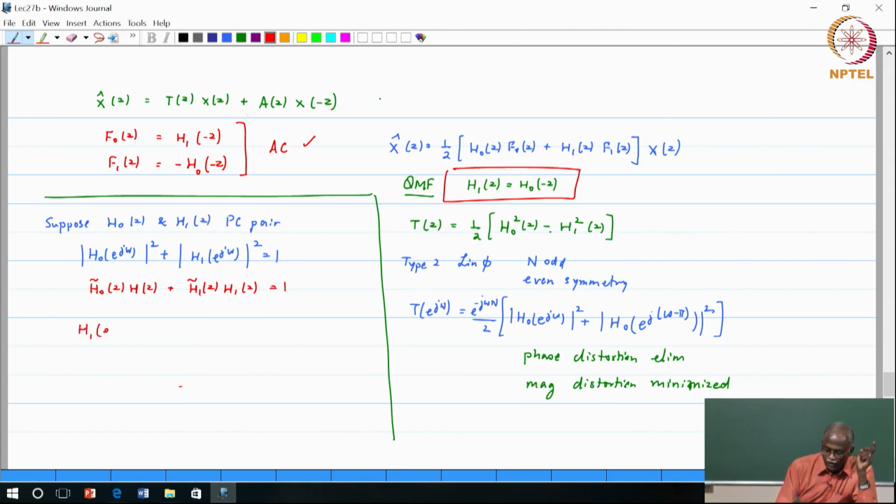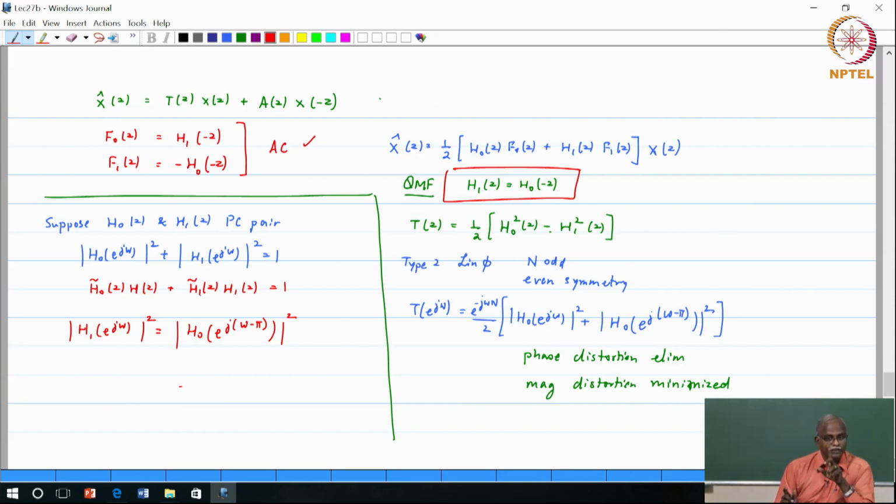The magnitude of H1 of e to the j omega squared must be equal to the magnitude of H naught of e to the j (omega minus pi) squared. That is also QMF. That is also what it says, right? It's the magnitude squares that have to be shifted.